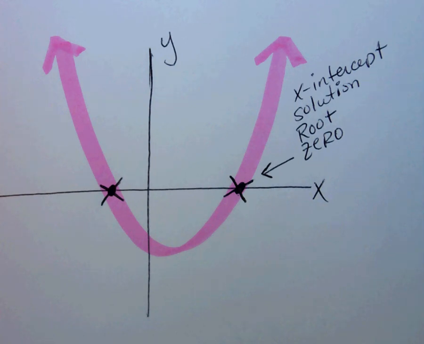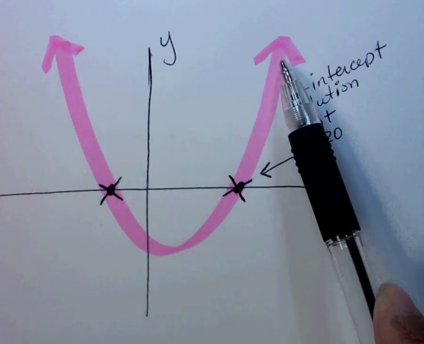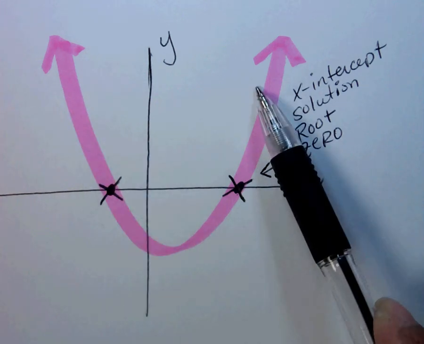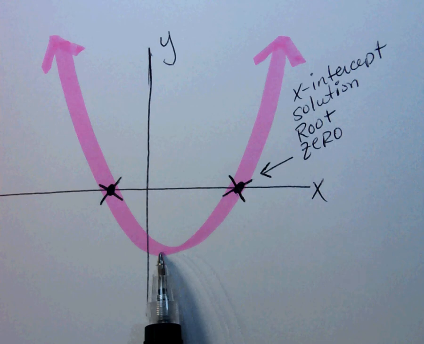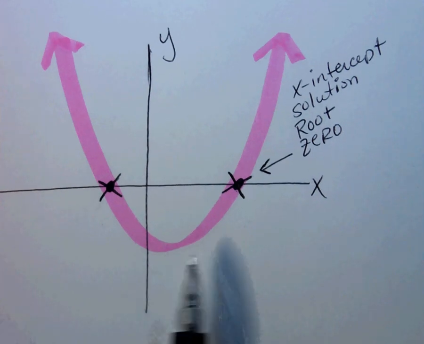Okay, now, hopefully, you drew your graph just like mine, where it crosses twice, and this little hoop is at the bottom. Let's talk about this little hoop down here.